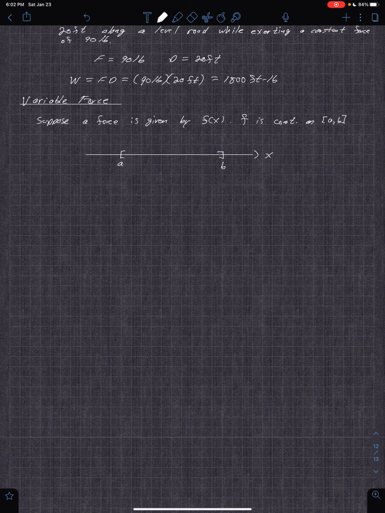So what we're going to do then is partition up the interval x1, x2, etc., all the way to x sub k minus 1, x sub k, etc. We're going to take this little distance here times whatever force it is, our delta work.